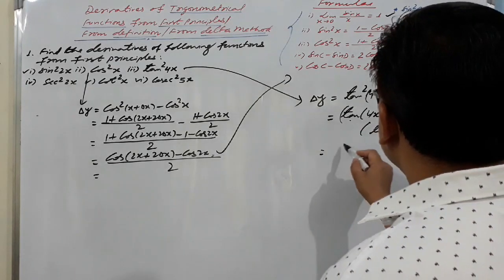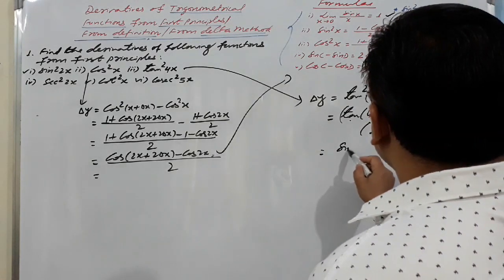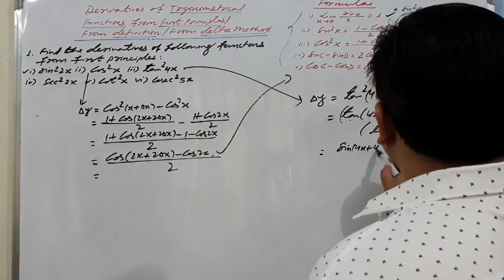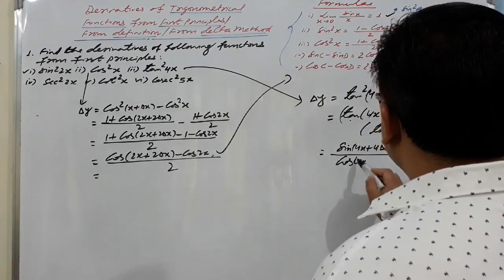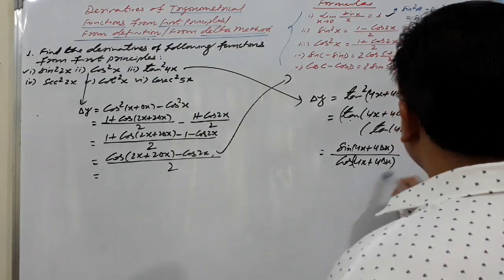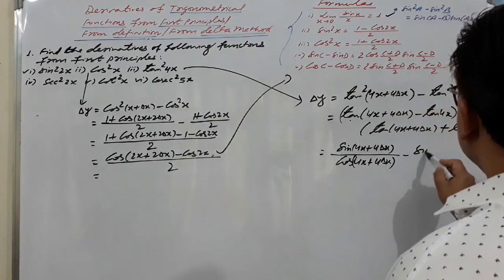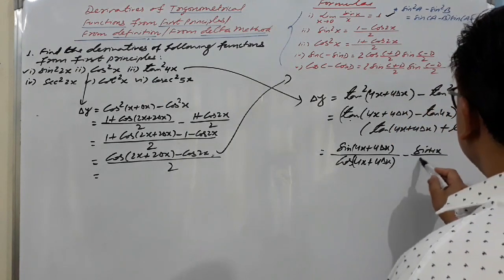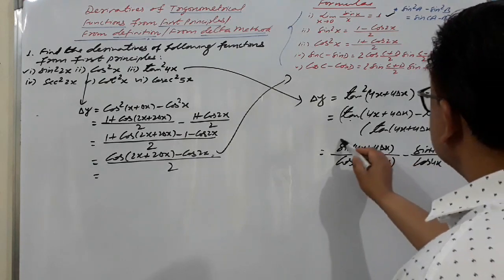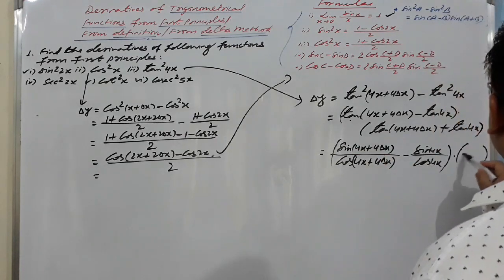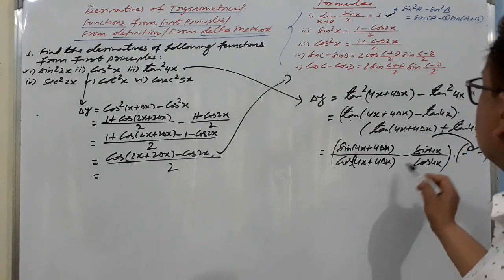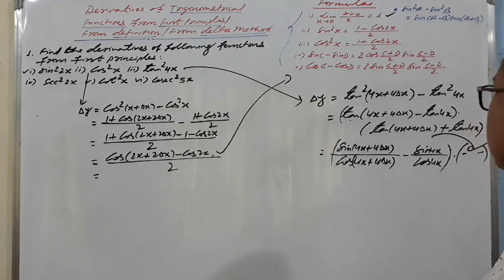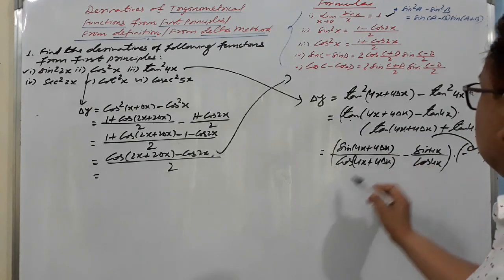For this you may use sine of (4x plus 4 delta x) over cos of (4x plus 4 delta x) minus sine of 4x over cos of 4x, and the same thing you will write down. Just simplify, as I told you in the earlier video. You can just take the LCM.